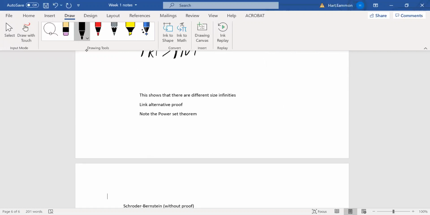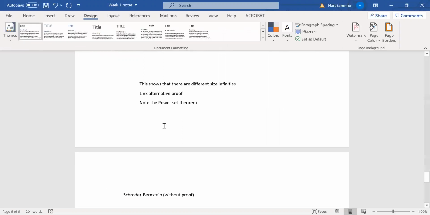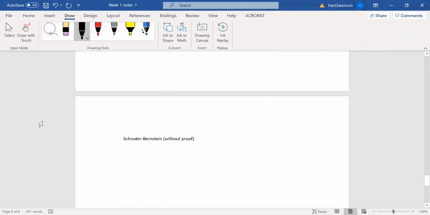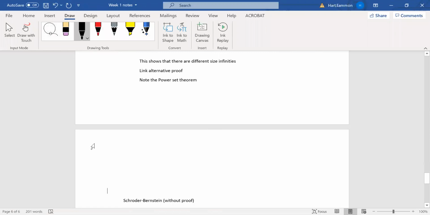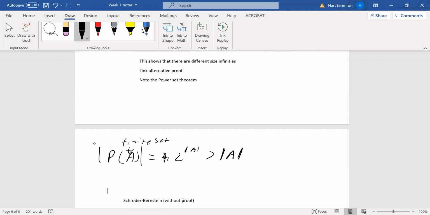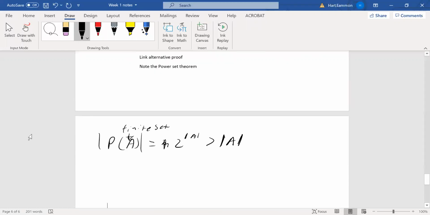So another thing to note, like 2 things to note, I suppose, are, first off, that the cardinality of the power set of a finite set A is equal to 2 to the cardinality of A. This is going to be strictly greater than the cardinality of A. So that tells us for every single finite set, the cardinality of the power set of A is going to be greater than the cardinality of A itself.